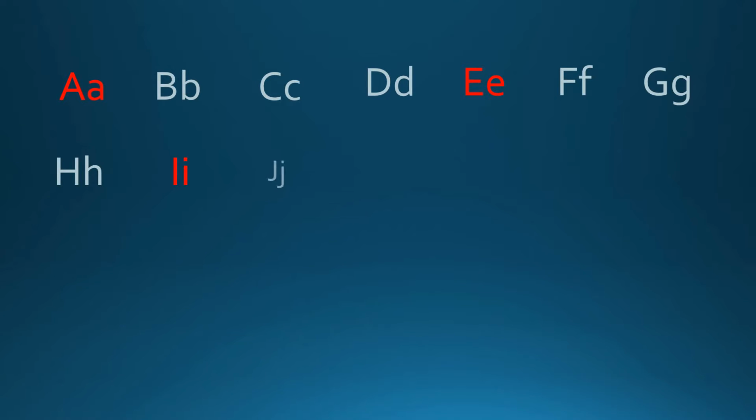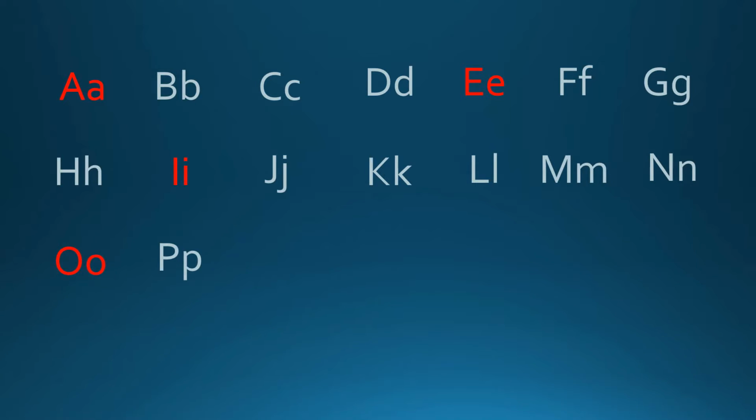Children, in our English language, there are 26 alphabets starting from letter A to letter Z. In the beginning, from nursery or from your childhood days, you have heard the song. Yes or no?